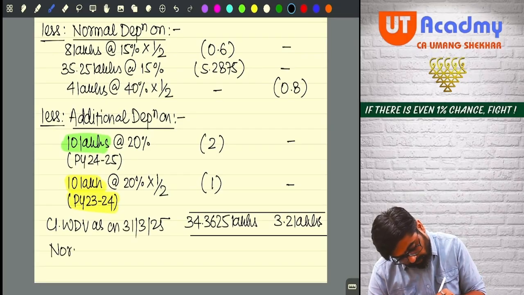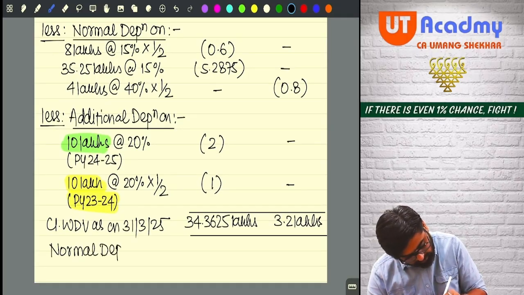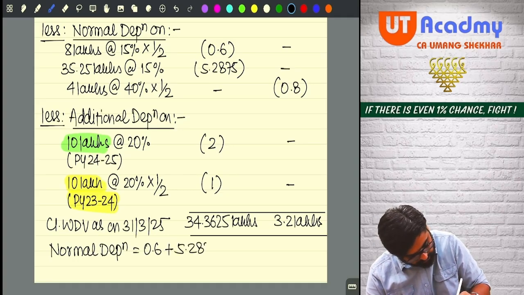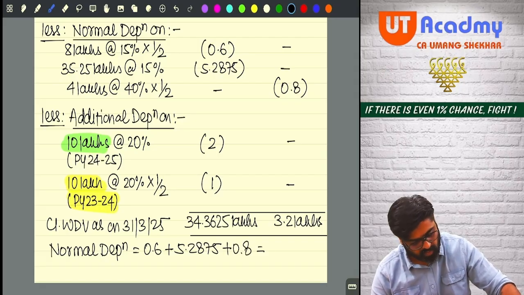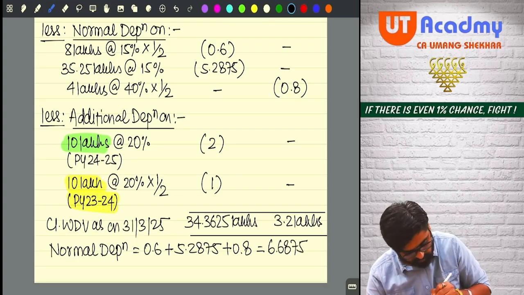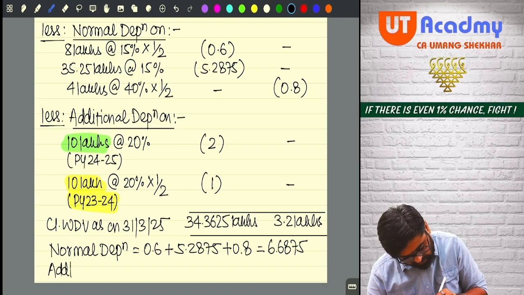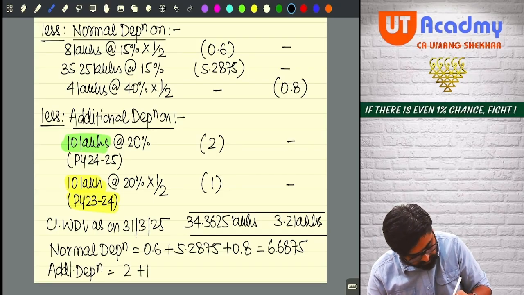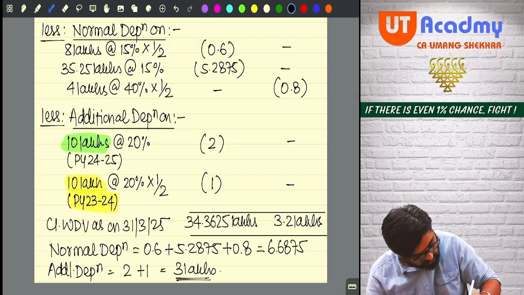Now what to do? Normal depreciation. Normal depreciation is 0.6 plus 5.2875 plus 0.8, so that will give me 6.6875, and additional depreciation will be 2 lakh plus 1 lakh, that will be 3 lakhs. 3 lakhs and 6.6875.